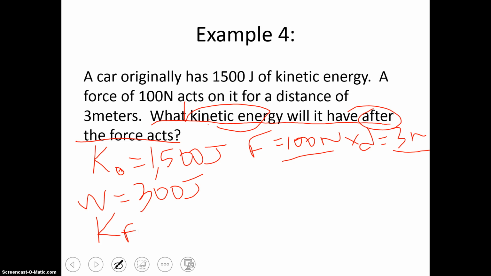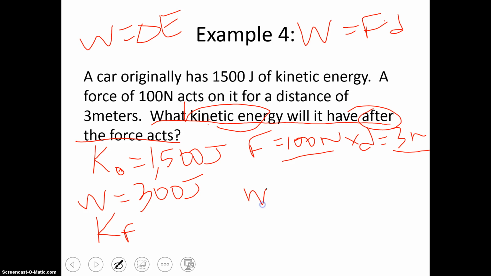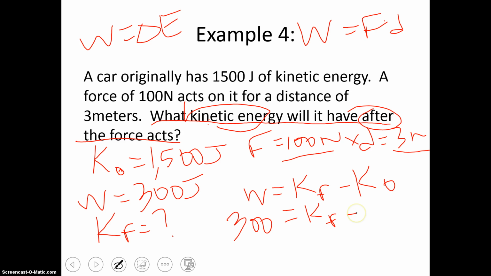All right, work means change in energy. So what's happening here is we're applying both work equals change in energy and work equals force times distance together in the same problem. So here, work will be K final minus K original. So 300 joules is equal to K final, which is what we're looking for, minus K original, which is 1,500.